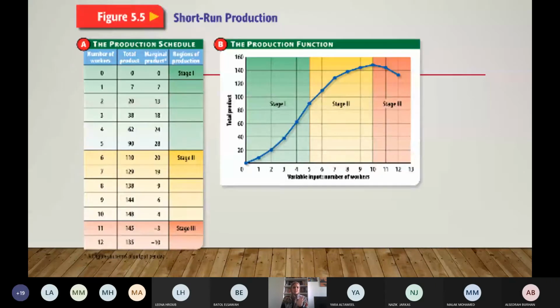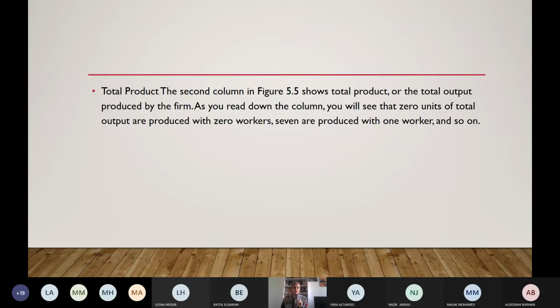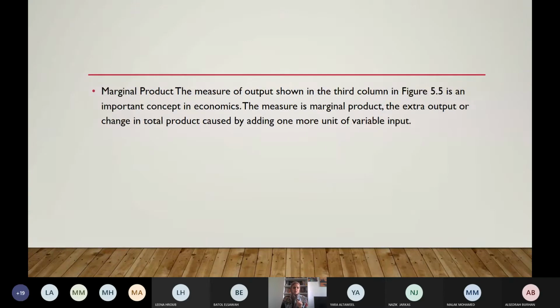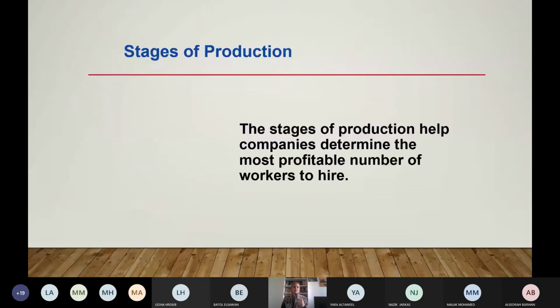Listen to me. Leave the graph. It says that in order to hire a new worker, you should understand the stages of production. There are stages of production. How many stages of production do we have? 3.